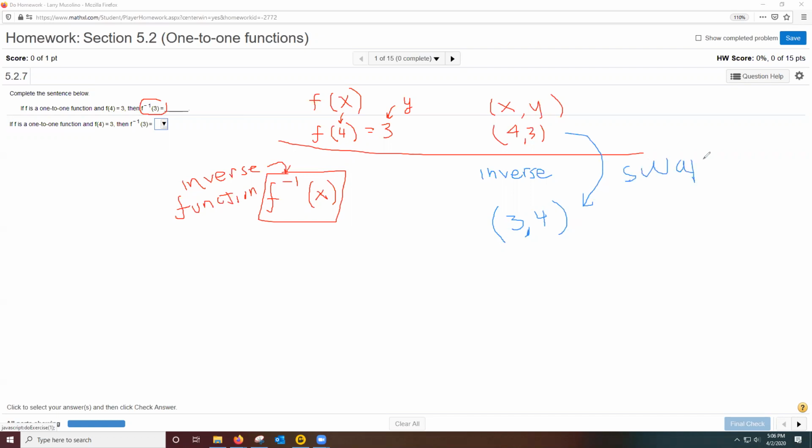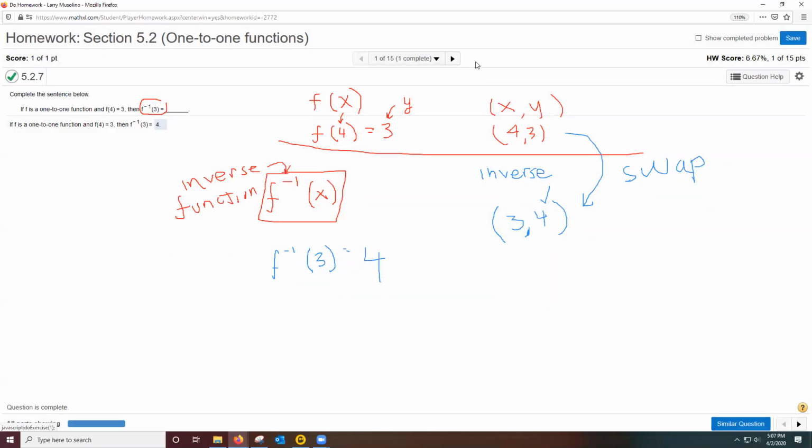So what they're asking about here is if we were to take the inverse function and evaluate it with an input of 3, what would the output be? Well, we can see right here the output's going to be 4. So this example is just trying to emphasize that when you work with an inverse function, it swaps the x and y values from the original function. And so if I was to come here on this drop down, the only answer here that would make sense is this answer 4.